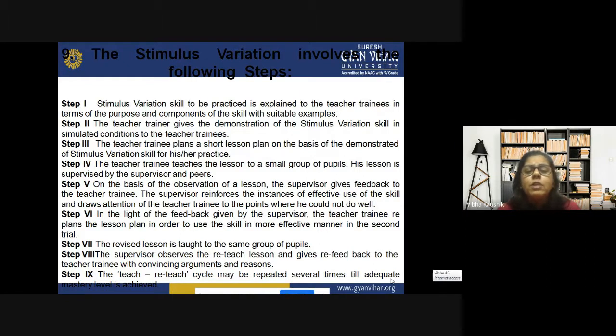The supervisor reinforces the instances of effective use of the skill and draws the attention of the teacher trainee to the points where he could not do well. He will give the feedback where he or she needs improvement, and then again he will prepare a lesson plan on the basis of the feedback that he got.